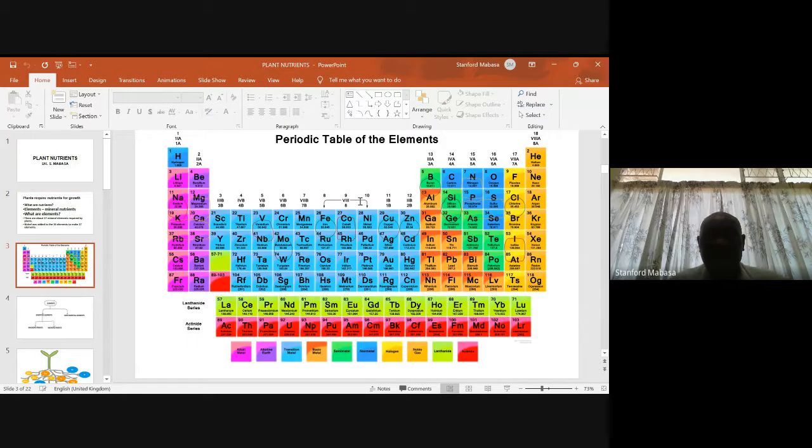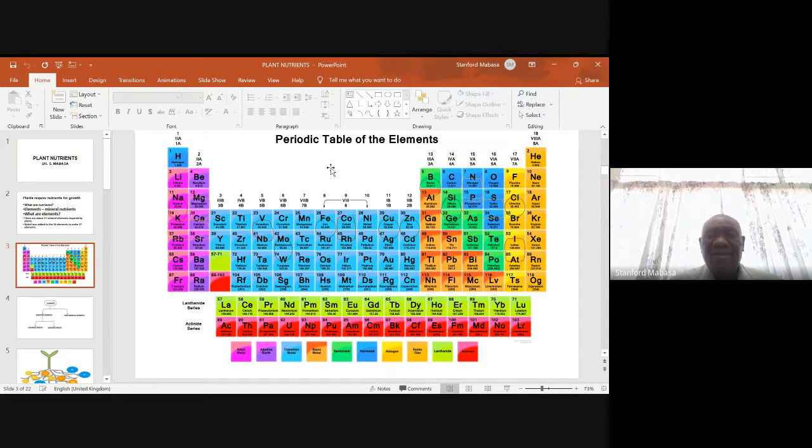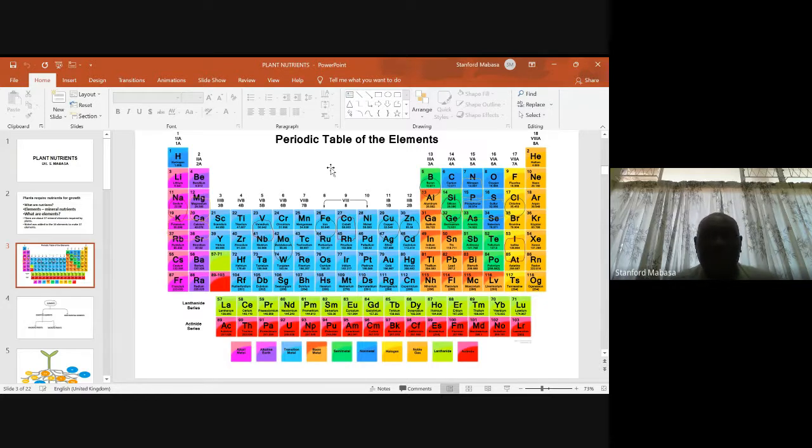Here I've got the periodic table which is showing us the elements which we know. And we are just saying the plant or the plants need just 17 out of this periodic table where we have several elements.